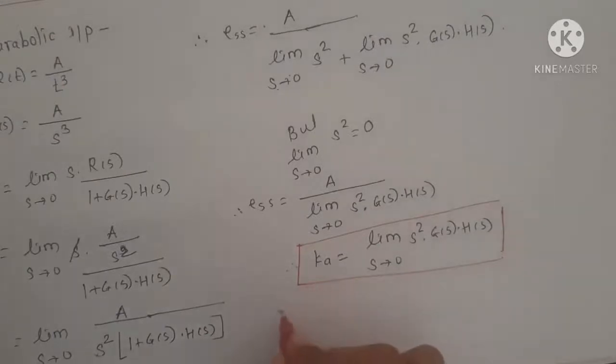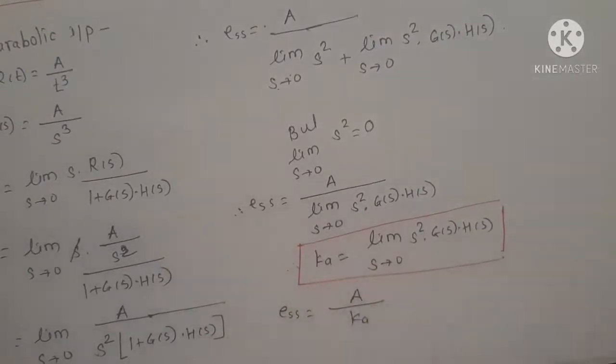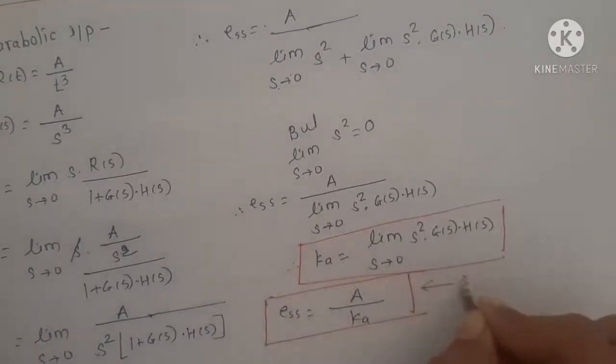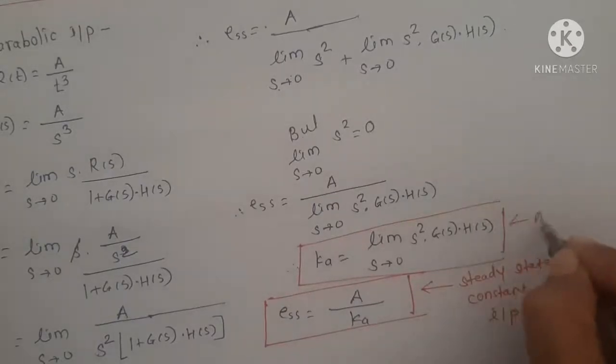E of s is equal to A upon Ka. So this is our steady state error for parabolic input, and this is the acceleration constant.